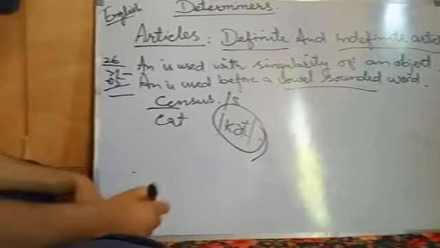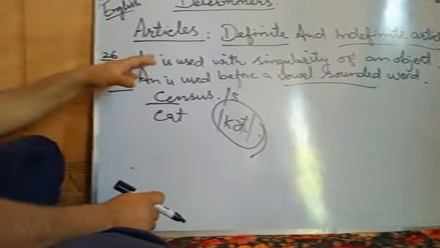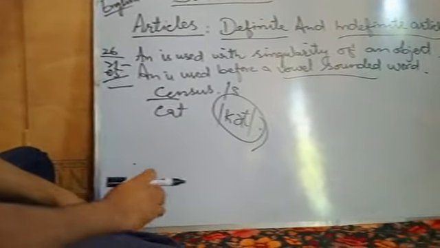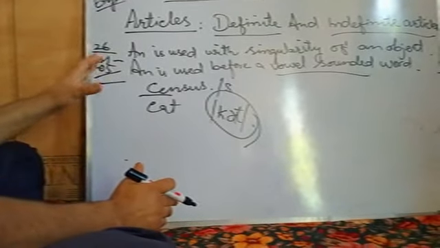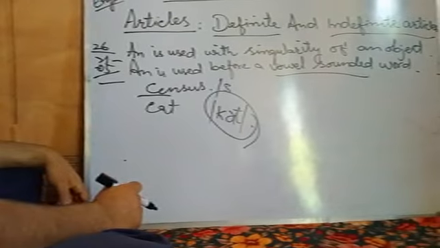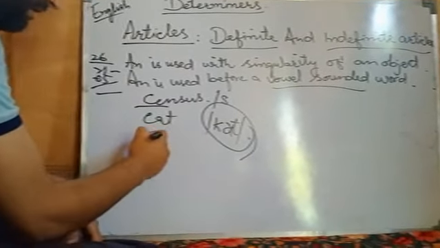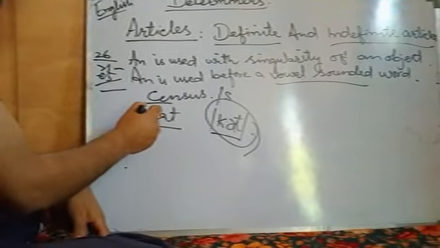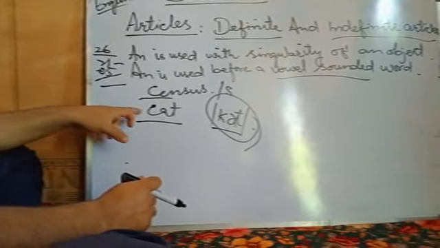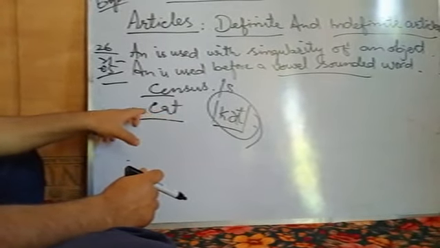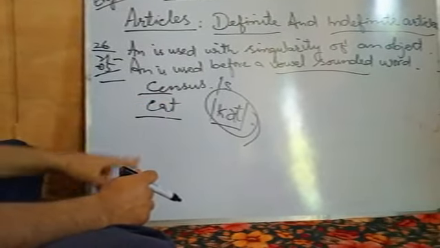First of all, when a child is born, he listens and gets familiar with sounds. So when in English we are going to pronounce a word, first of all we look at its structure. It's cat, so as per the letters it is C, A, T, but we pronounce it as cat.